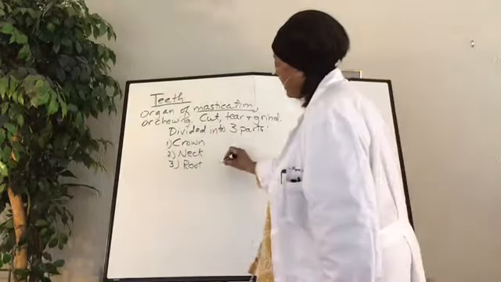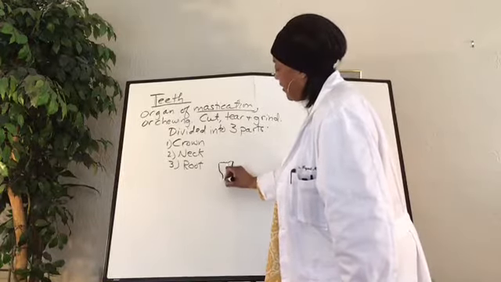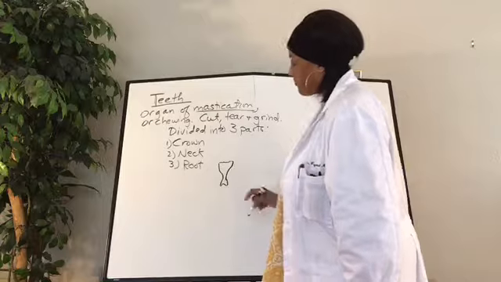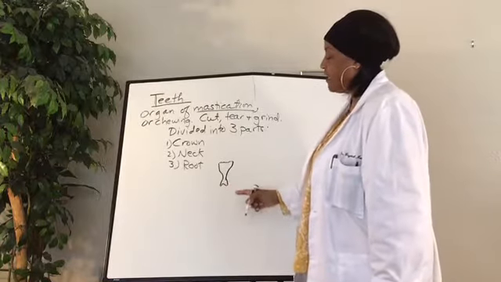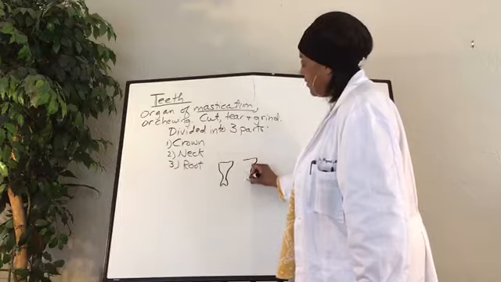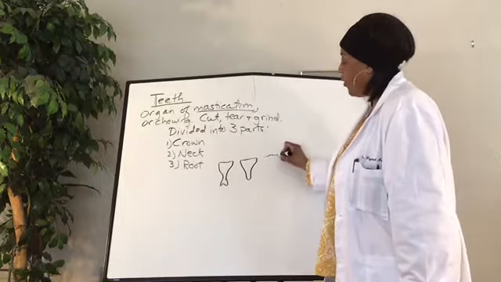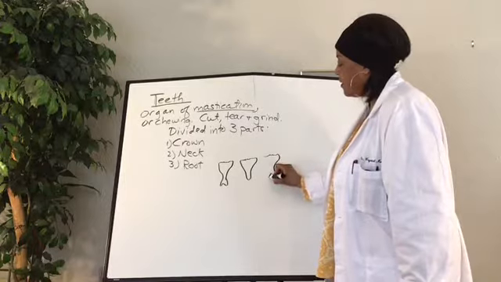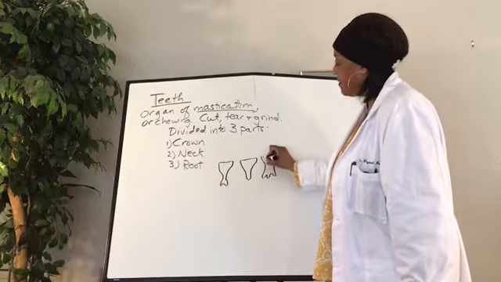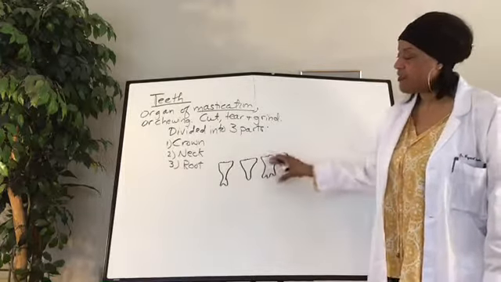So I'll just draw a crown, then I'll draw a neck here, and it could be a double root. You can have it peg-like with one, and then these big old molars like this. You can have 3.